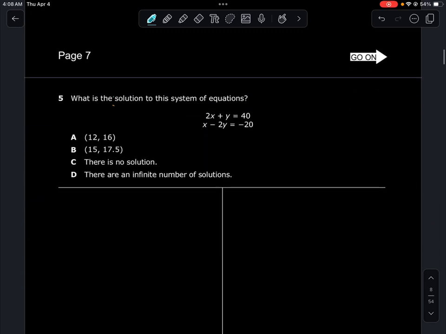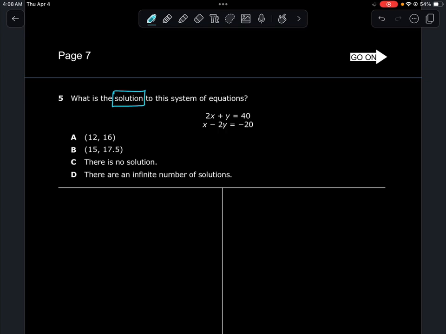All right, number 5. What is the solution to this system of equations? And they're going to give me a system. Let's see, here's the question mark. What is the keyword? The keyword is solution.